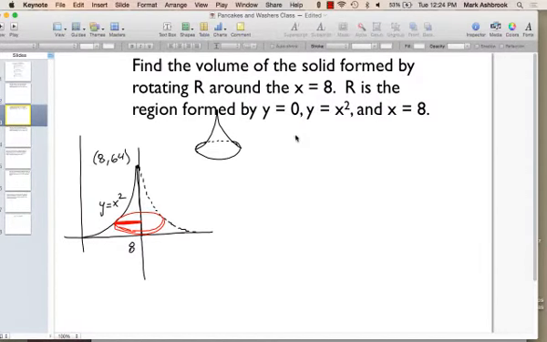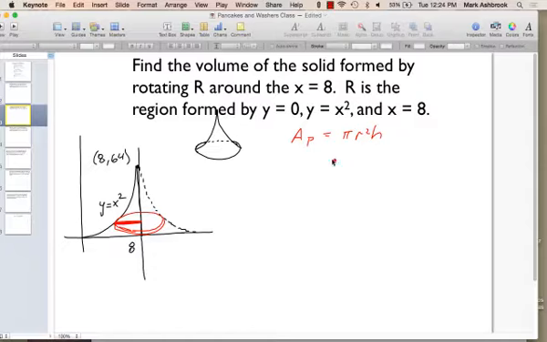We want the volume of a pancake. It's still a cylinder, pi r squared h. When you use pancakes, it will always be pi r squared h, just like strips are always rectangles, b times h.